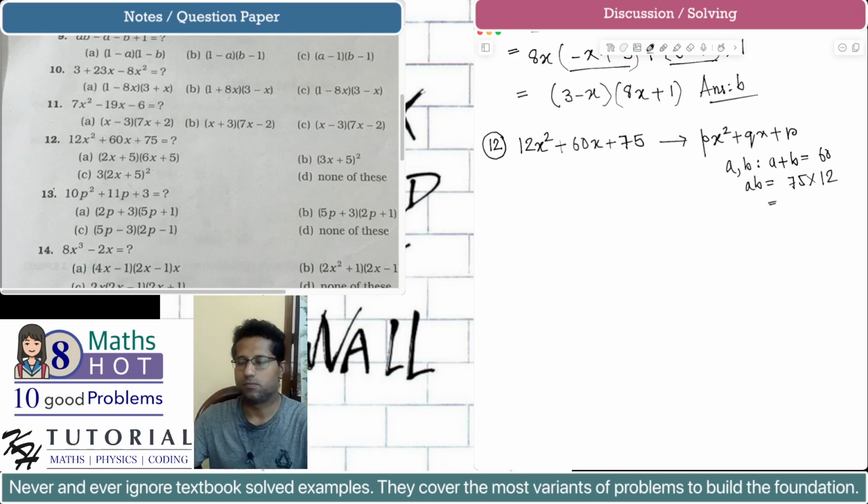Okay. Now how can we create two factors from 75 multiplied by 12 such that their sum will be 60? Now 75 plus 12 is not 60. 75 can be further written as 15 into 5, and we have multiplied by 12.